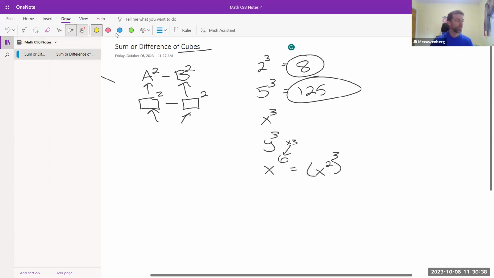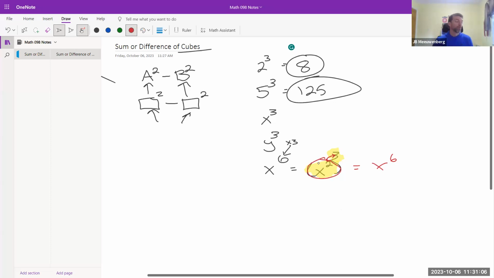This is the base, x squared, and this is the exponent. And if you remember our exponent rules, you can multiply these two together to simplify and get x to the 6th. So x to the 6th is technically a cube, with x squared being the base.